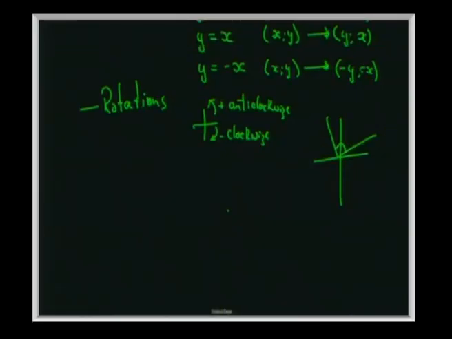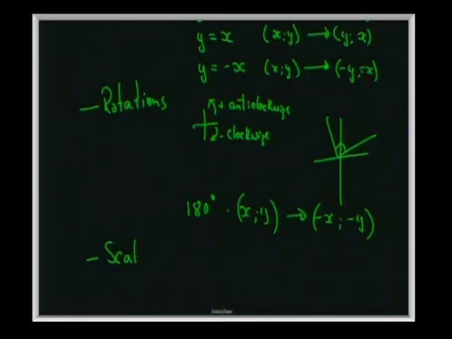We could also rotate 180 degrees, and with the 180 degree rotation, (x, y) became (minus x, minus y). And if you remember, if we put two 90s together, we got the 180. Remember, 180 clockwise or anti-clockwise makes no difference. 270 clockwise is the same as 90 anti-clockwise. That was rotations, always around the origin.